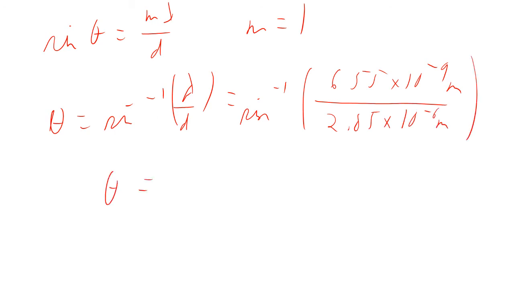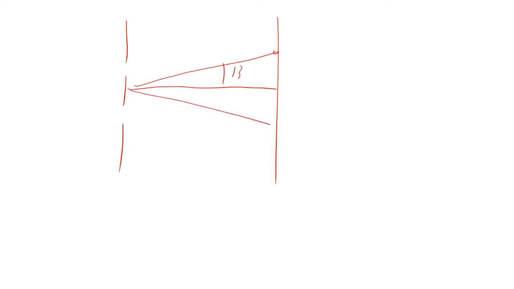And so theta is going to be 13.3 degrees. So the first spots are at theta equals 13.3 degrees, and it's 13.3 degrees either direction of the 0. So it's going to be both of them.